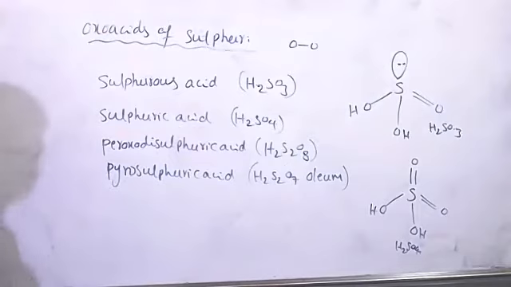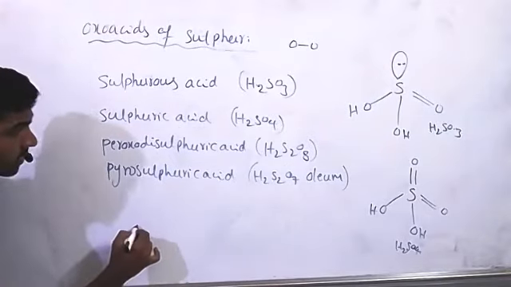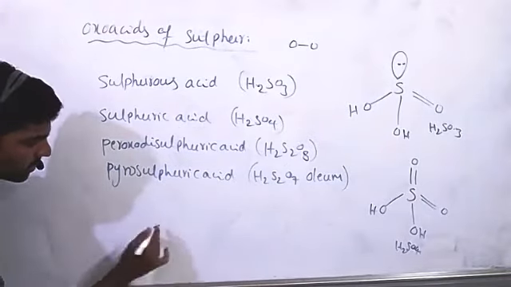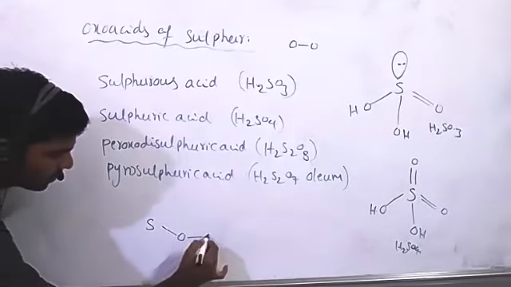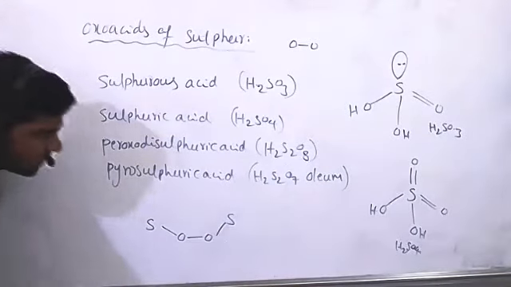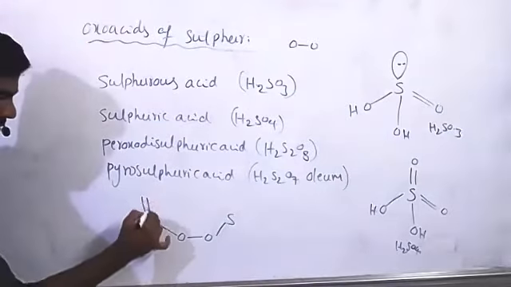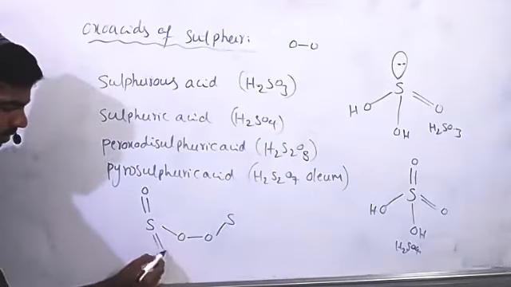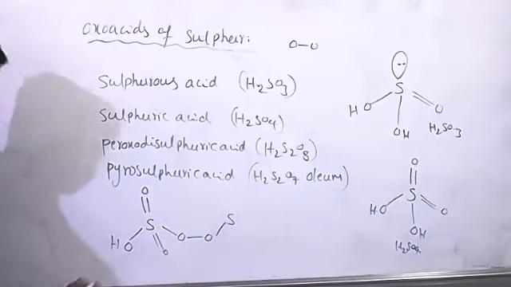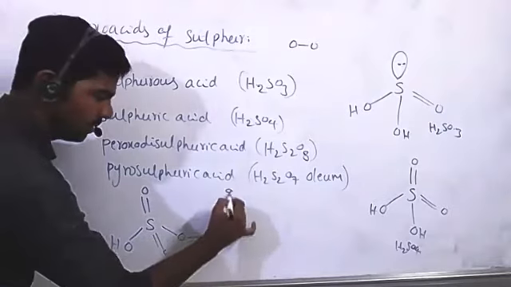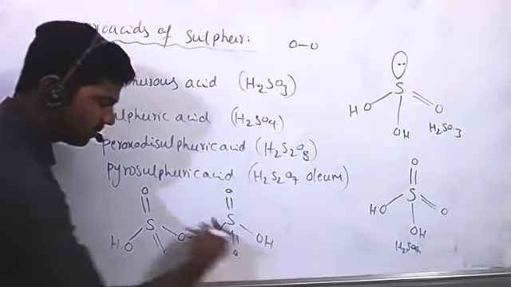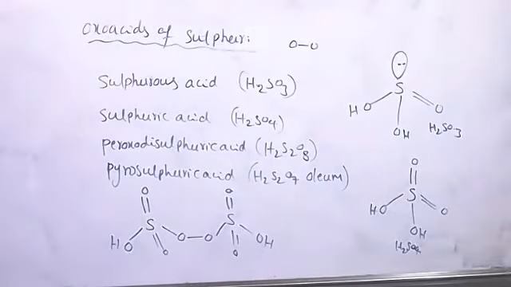So the peroxodisulfuric acid structure is S, O, O, S, with 6 oxygens and 2 hydrogens. Each S has a double bond O and OH. This is peroxodisulfuric acid.